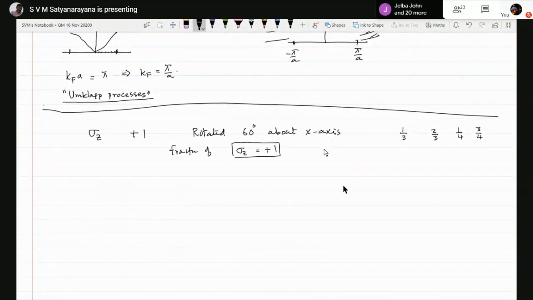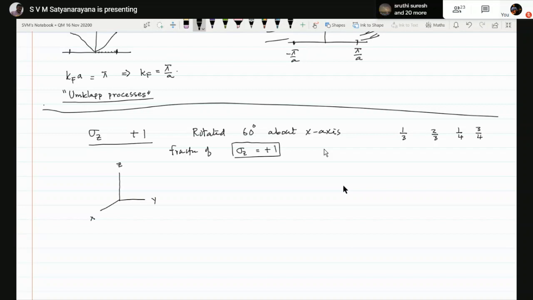So I think, consider, this is your z axis. To start with, we have all the particles in the z direction. Then you rotate this about the x-axis by 60 degrees.